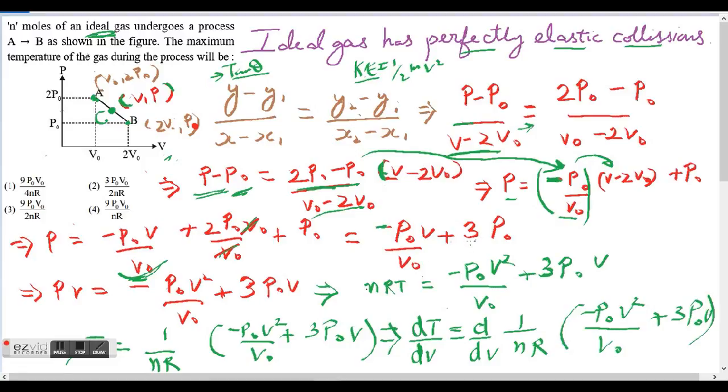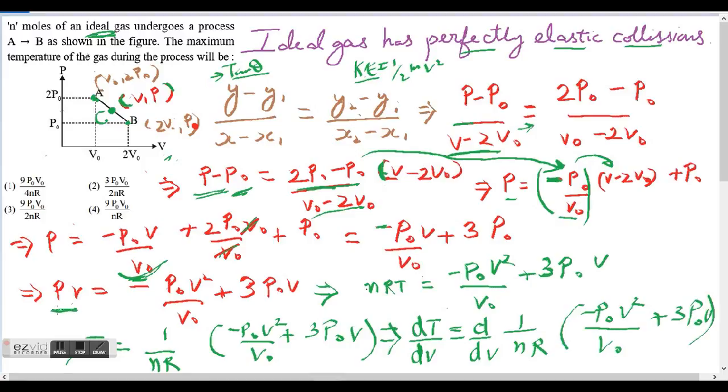So finally I will get P is equal to negative P0 V over V0 plus 3P0. Now I have P. If I multiplied both sides by V, I can then use the formula PV is equal to nRT, so that I can then calculate for temperature.